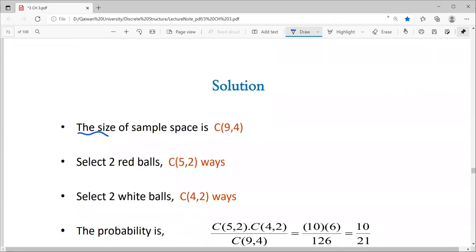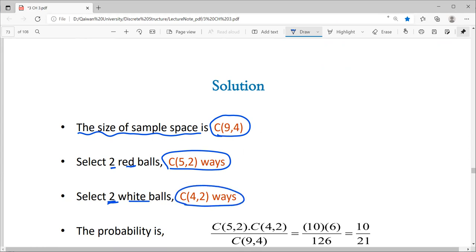Here the size of the sample space is: we take 4 from 9. We select 2 red balls. How many red balls do we have? Sorry, we have 5 red balls. We take 2 balls from 5 red balls, so we have the combination of 5 and 2. And we take 2 white balls among 4 white balls, so it is the combination of 4 and 2.